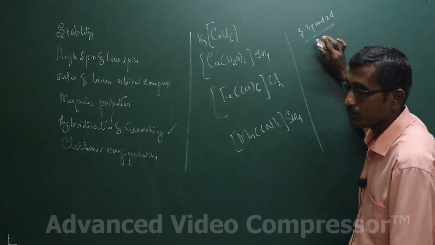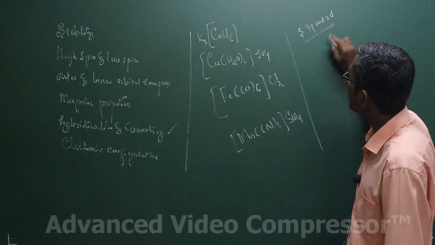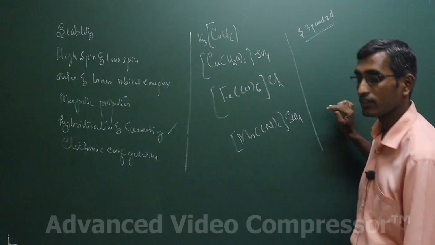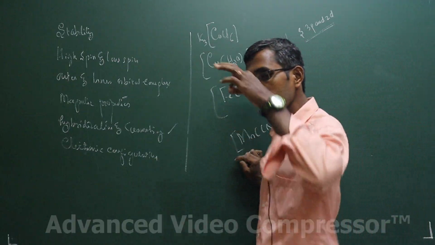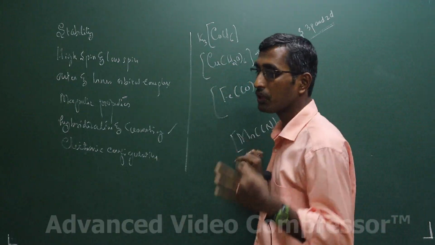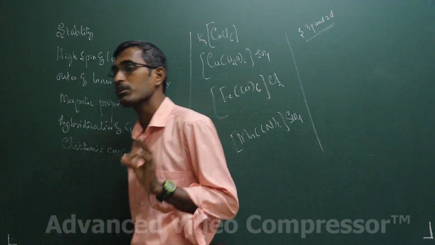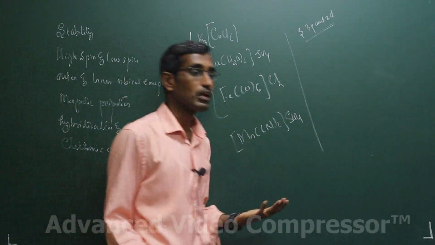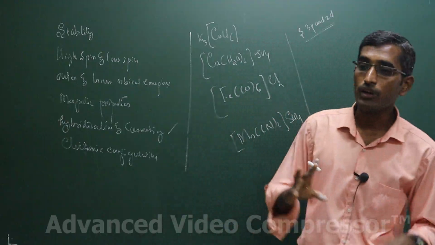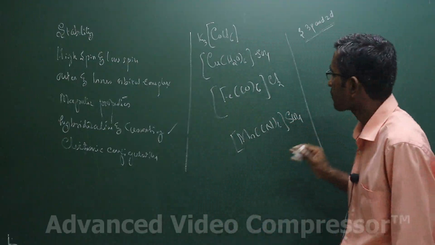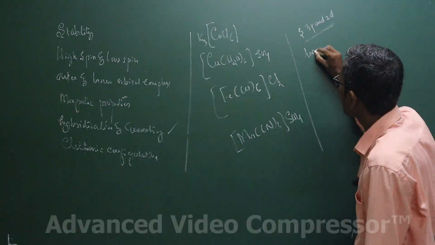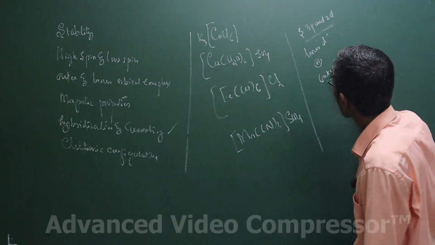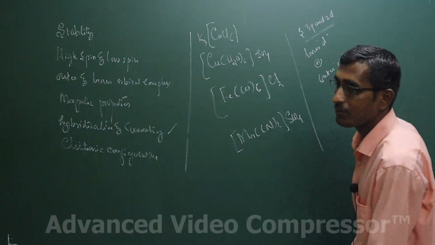There are 2 ways to look at it, students. It depends on the involvement of the d orbital. Either the inner d orbital may be involved, that is the inner 3d orbital in the case of 3d series transition elements, or else the outer 4d orbital can be involved. I will repeat, either the inner d orbital or the outer d orbital can be involved during the hybridization.